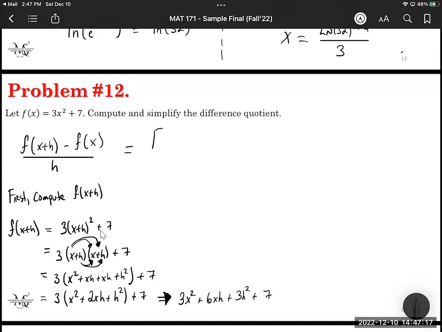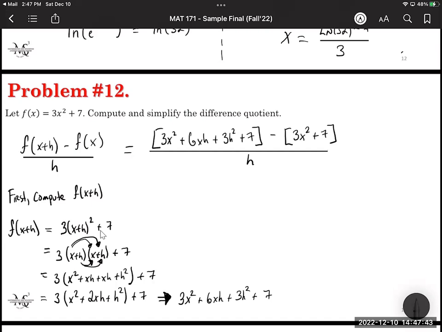In the numerator, I like to keep f of x plus h separated from f of x. So this will be 3x squared plus 6xh plus 3h squared plus 7, minus the original function, which is 3x squared plus 7, all divided by h.